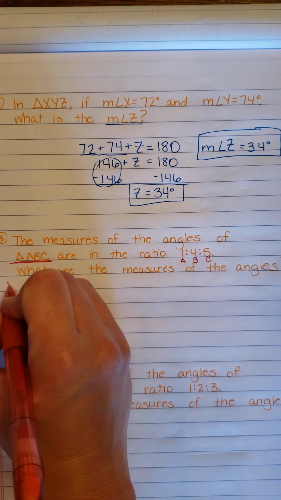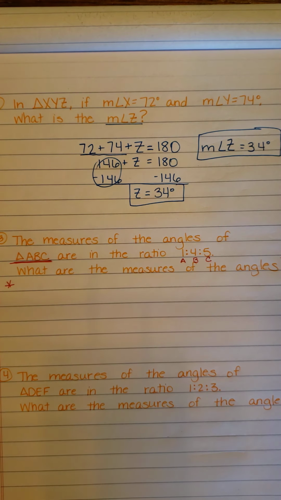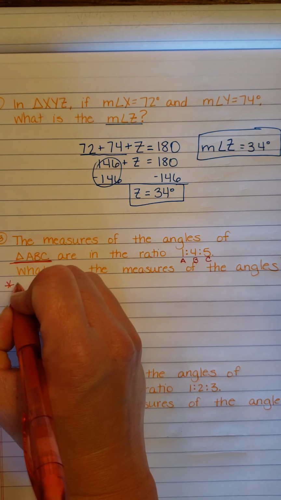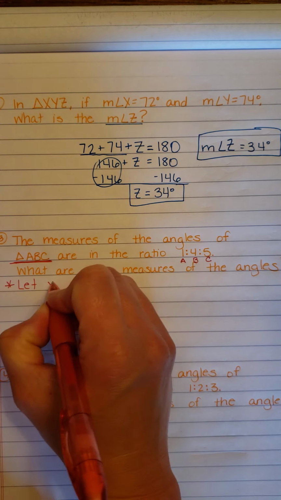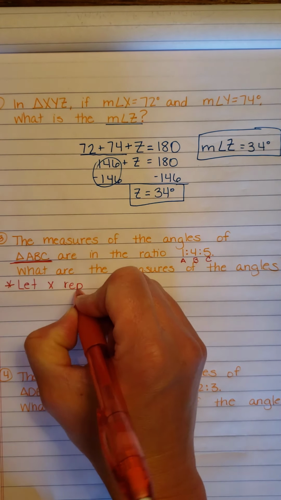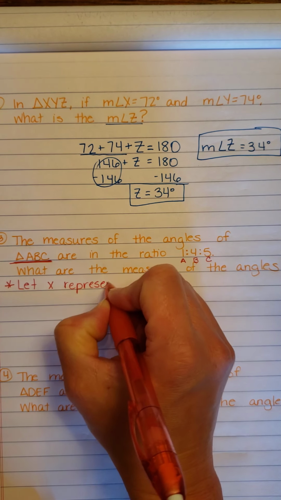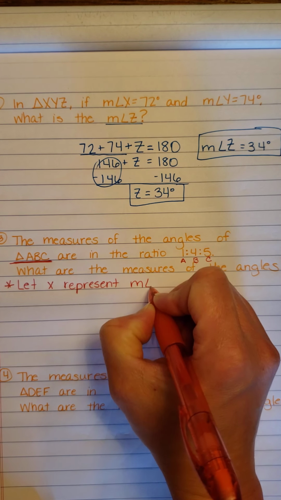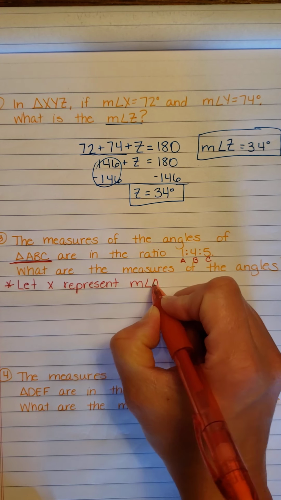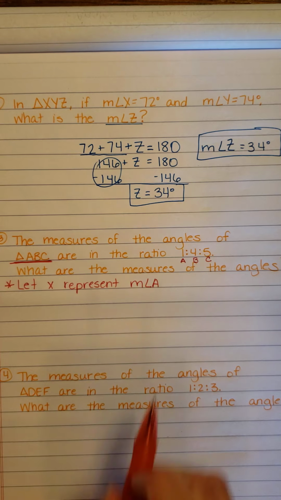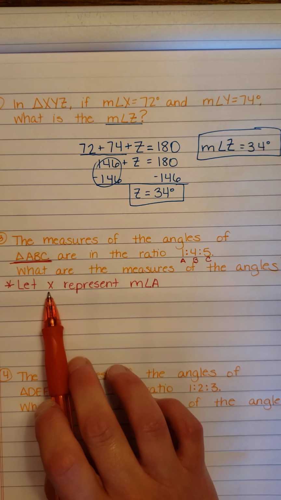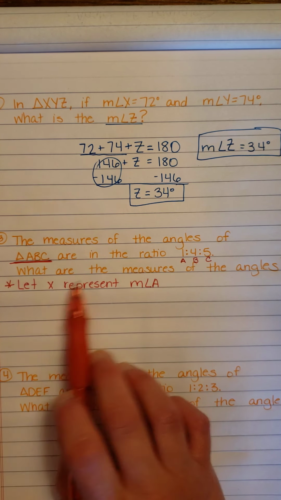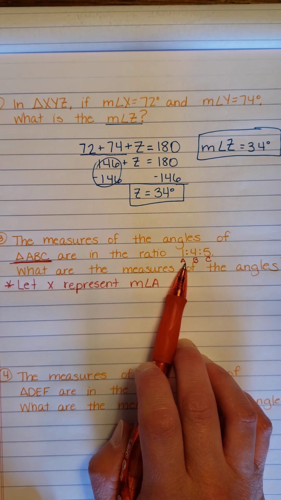Okay, so since we don't know anything, we use variables to represent our unknown amounts. So that means we are going to let X represent the measure of angle A. Okay, so X, that's our unknown. That's going to tell us what the measure of angle A is.